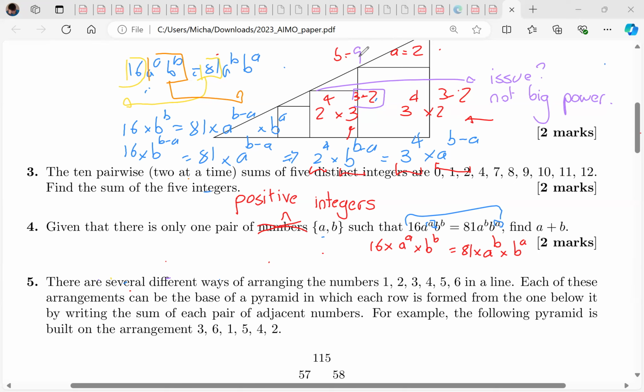So maybe now we think about it, maybe we do want our b to be 3-ish, right? Can you see these 3s and 2s, the 2s have to come from somewhere, right? 2s have to come from the b's, and the 3s have to come from the a's.